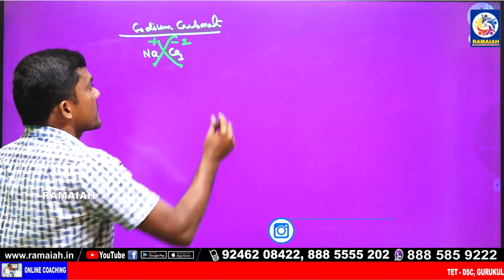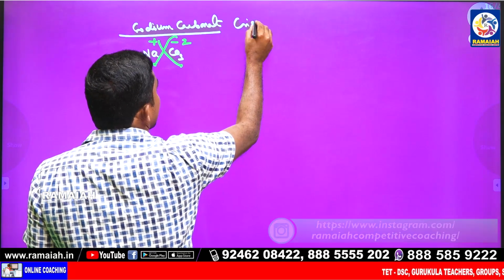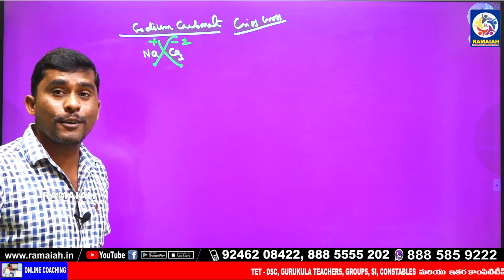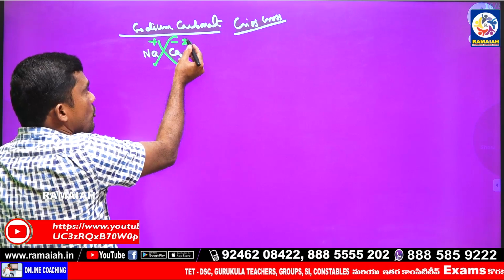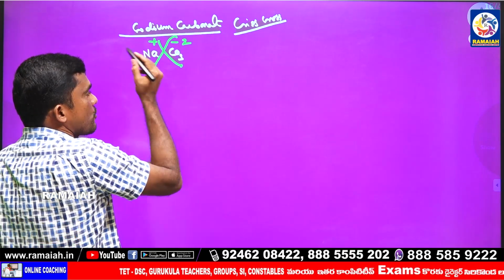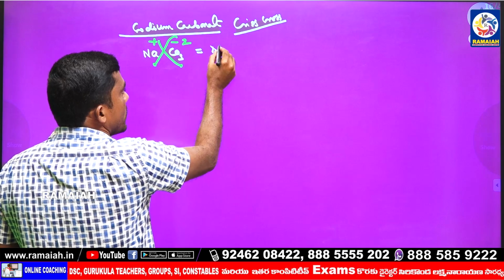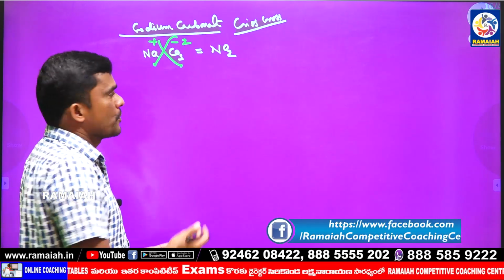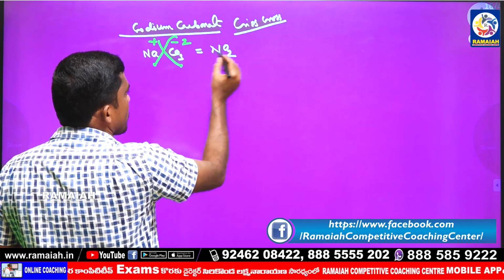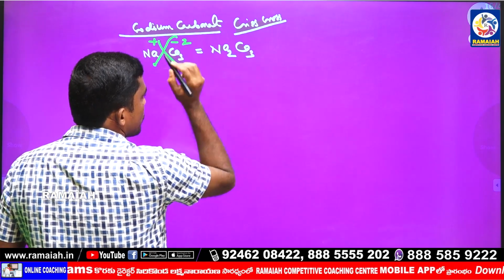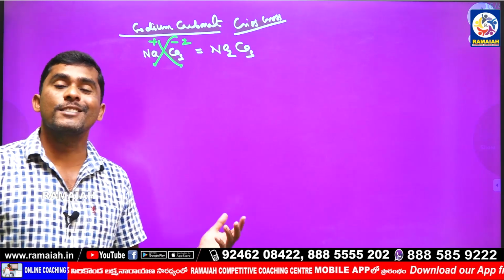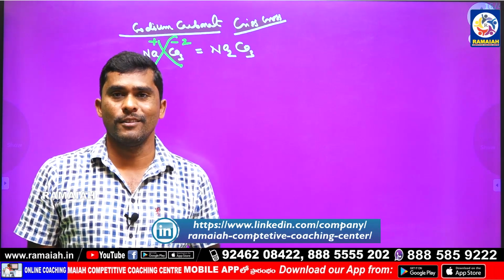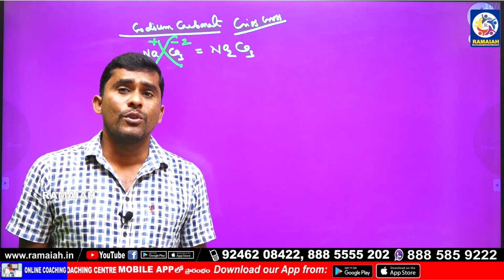Then the formula is Na2CO3, with the magnitude of the carbonate charge under sodium, and 1 under carbonate. This method is known as the crisscross method.